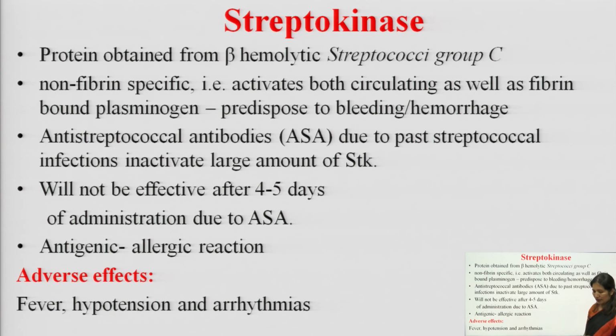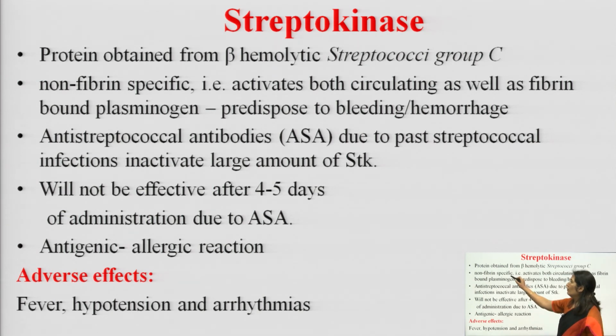So, first among these is streptokinase. Streptokinase is a protein that is obtained from beta hemolytic streptococci group C. It is non-fibrin specific. What does non-fibrin specific mean? It binds to both the bound form of plasminogen and the free form of plasminogen.